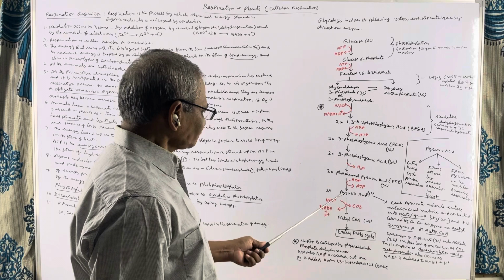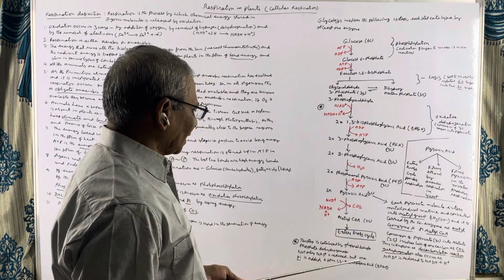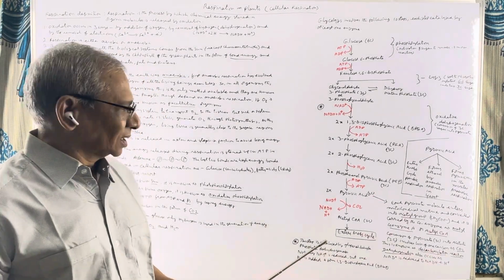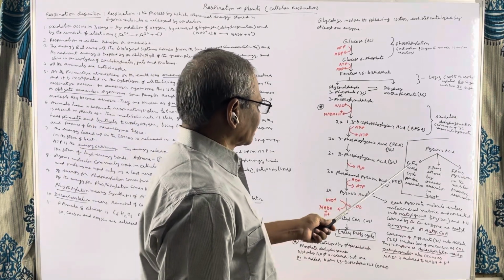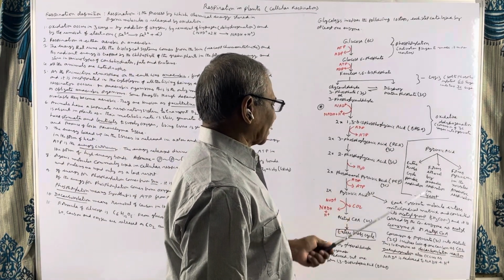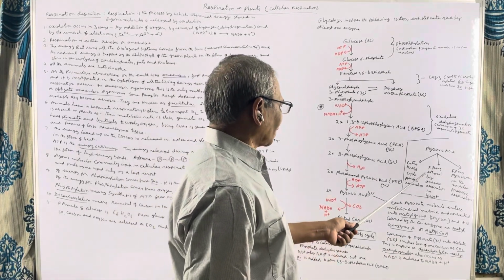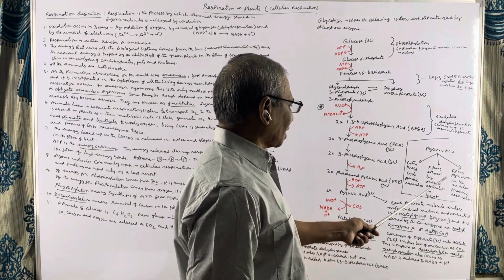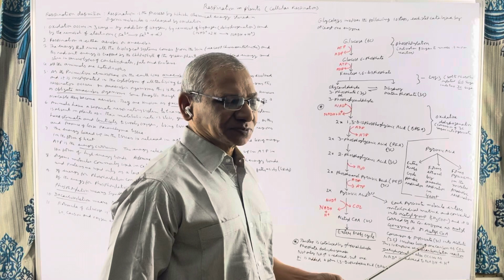Then the pyruvic acid is the end product of glycolysis. This pyruvic acid either enters the Krebs cycle in aerobic respiration, or it forms ethanol by anaerobic respiration in yeast, or it forms lactic acid in the muscles due to anaerobic respiration.